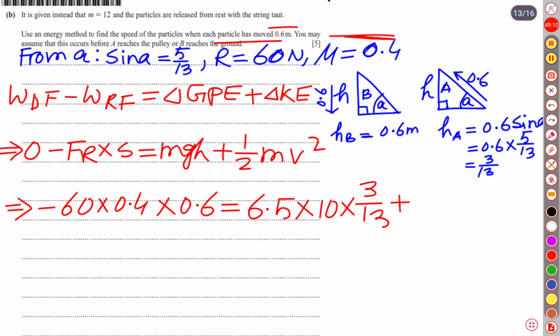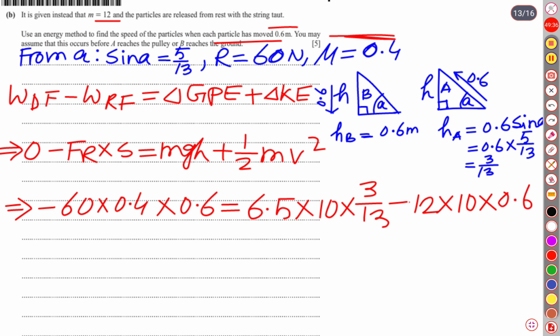Plus the mass of particle B, which is 12, into acceleration due to gravity, 10, and the height is negative because B was moving down, so the sign in front of this is negative, and the height was 0.6 meters.